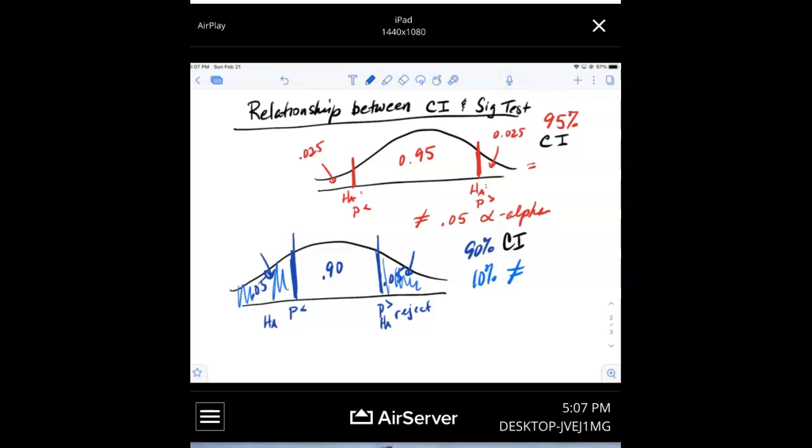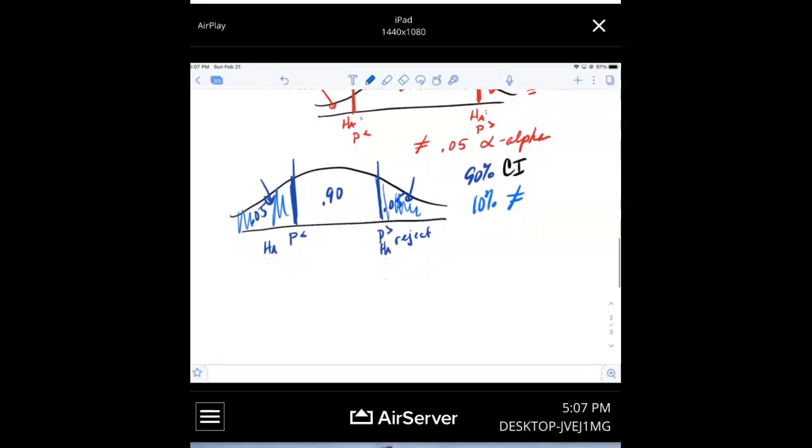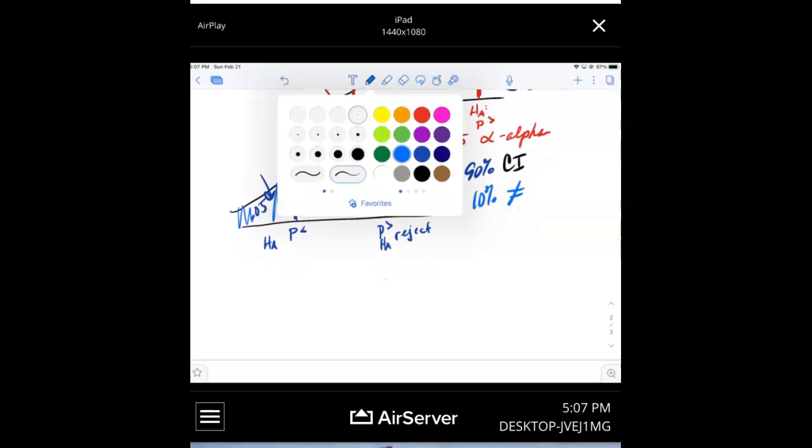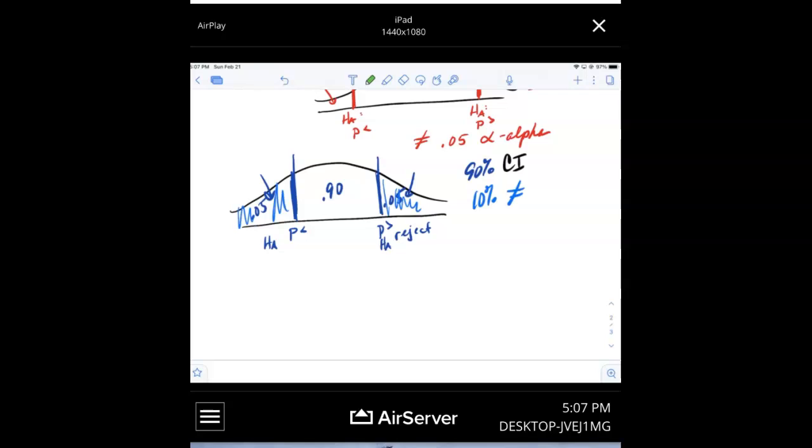Okay, so going backwards is a little bit more difficult. So if I were going to start with the alpha levels first, so let's say that they told me that my alpha level was equal to 10%, that I was checking something against. And let's say that the alternative hypothesis was that we were looking at something where it was a less than.